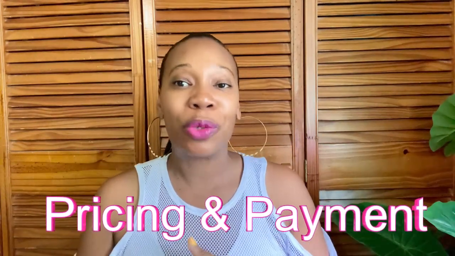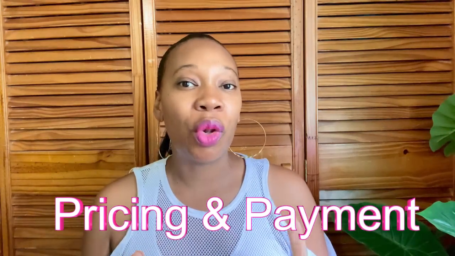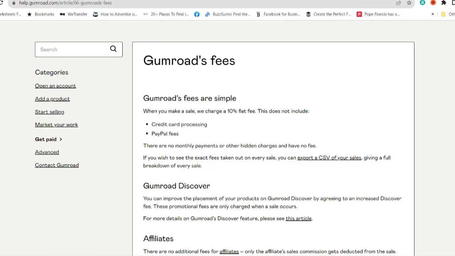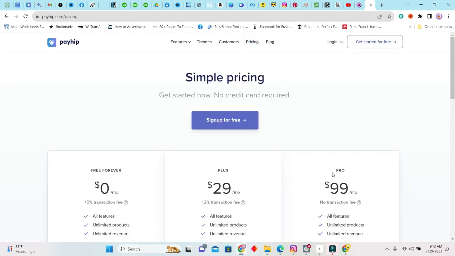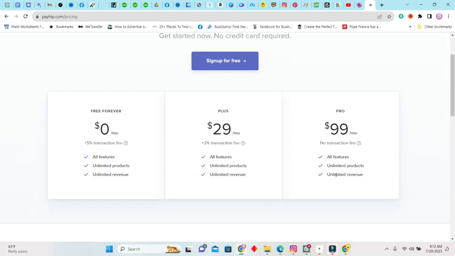Okay guys, get your calculators out for the pricing model and payment options round. Gumroad keeps it simple with a 10% flat fee per sale, excluding credit card processing and PayPal fees. Meanwhile, Payhip offers different plans, starting with a free plan at 5% transaction fee, with the plus plan, which is $29 with 2% transaction fee.